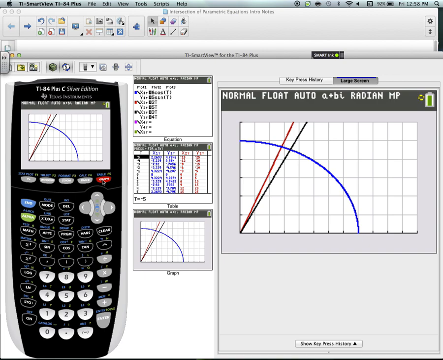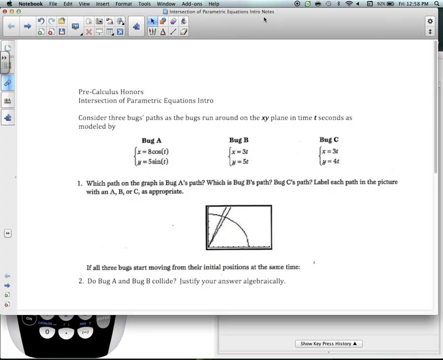First thing, it asks you to label the paths of the three bugs, so let's do that right now. Again, blue was A, red was B, and black was C. Again, it looks like A and C collide, but we're going to go through the other ones to show why they do or do not meet at the same time, and do that algebraically.